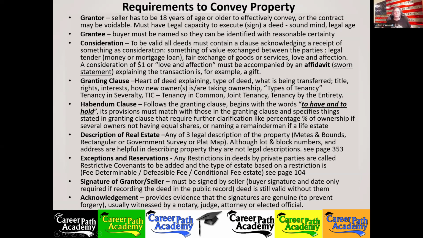All right, so the grantor, once again, just a recap for the requirements to convey a property. The seller has to be 18 years of age or older to effectively convey, or the contract may be voidable. Now, is there ever a time where a contract with a minor can be valid? For exam purposes only?